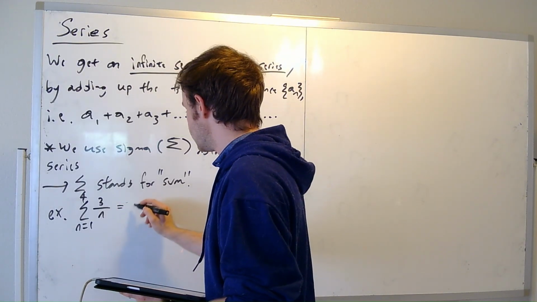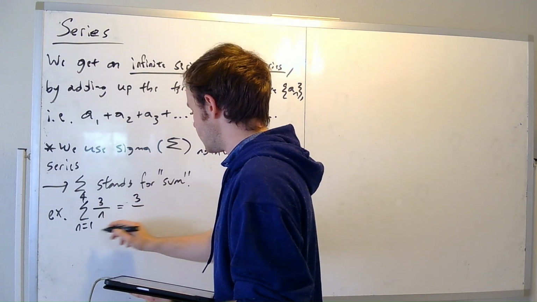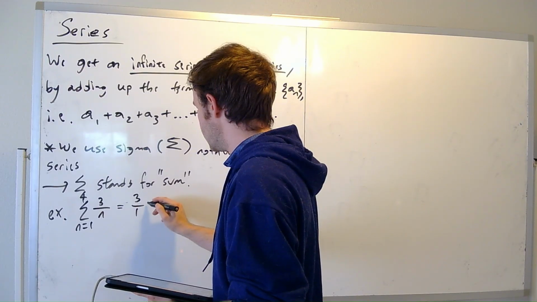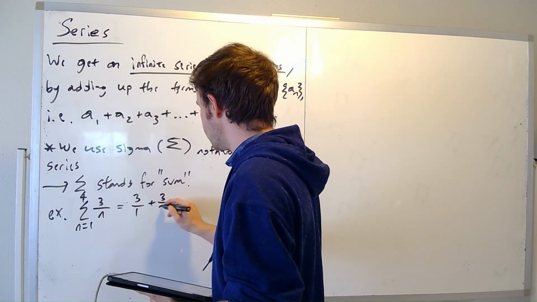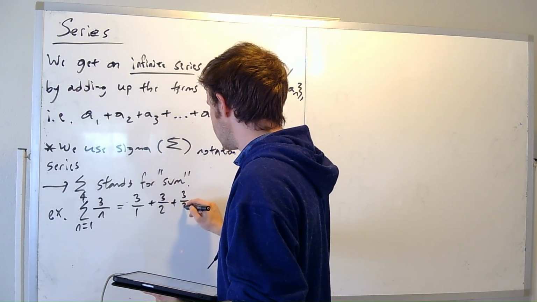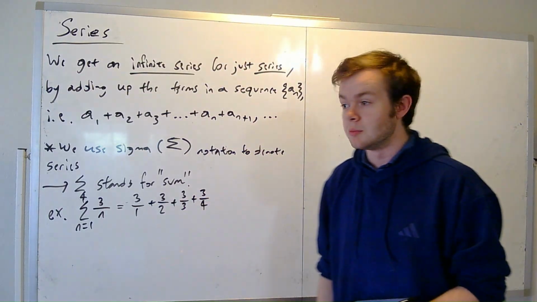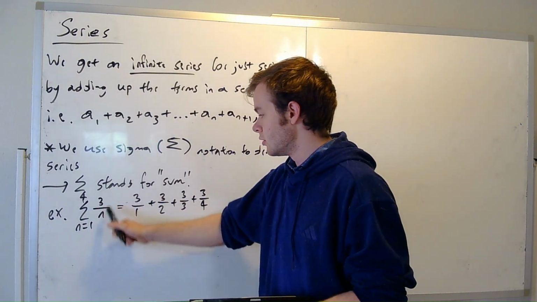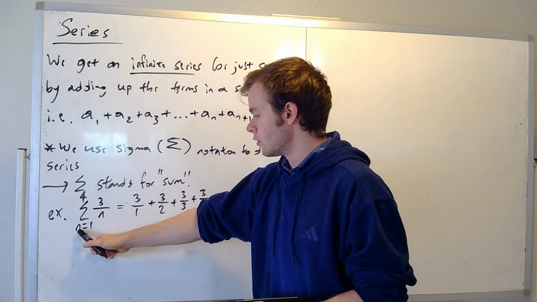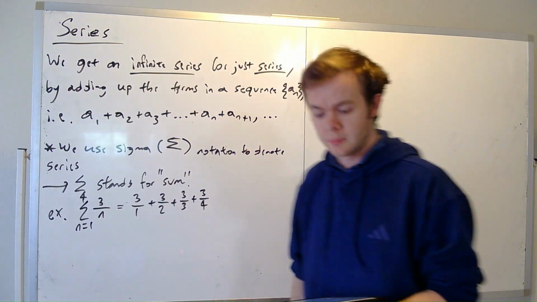So we have 3 over 1 plus 3 over 2 plus 3 over 3 plus 3 over 4. Alright, so that's what that means. We're just adding together this term for all the values of n between 1 and 4.